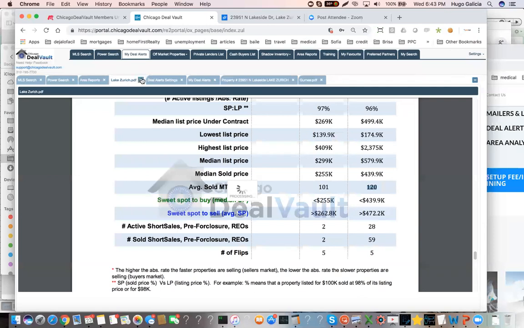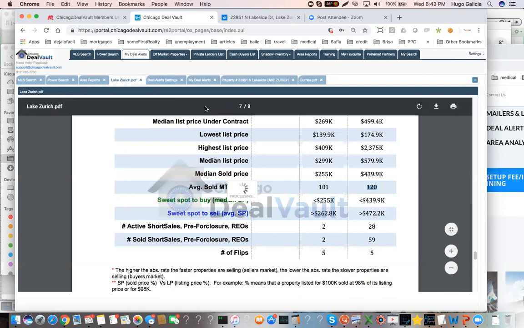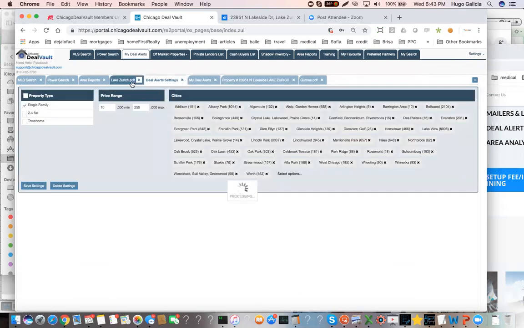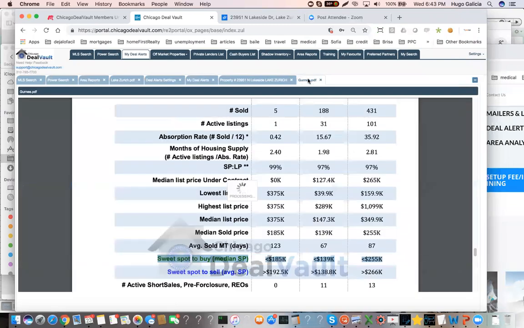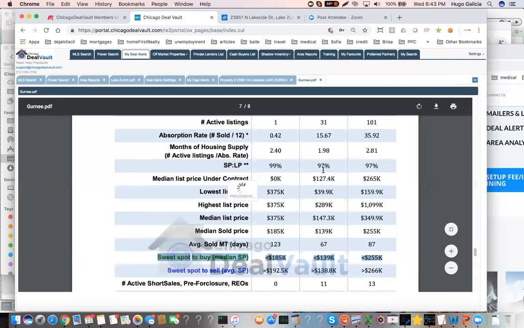So I'm closing some of these tabs so that we don't get confused. Okay, well, that is coming back.